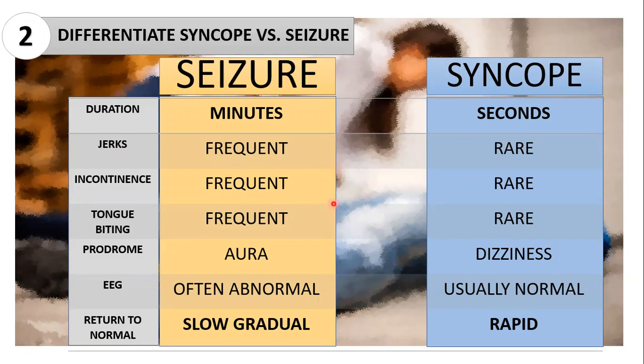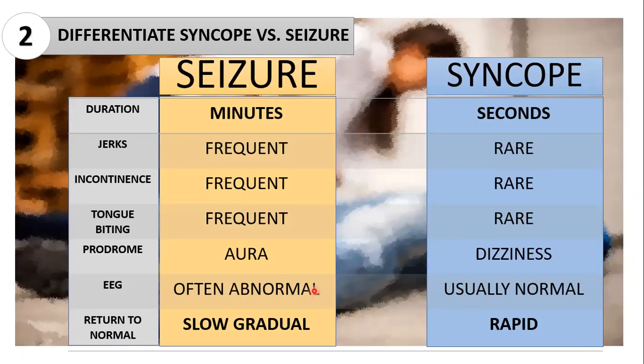Unlike syncope, these presentations are rare. Prodrome does not really help in differentiating the two because patients who had seizure or syncope may experience the same prodromes. Electroencephalogram is normal for syncope, while abnormal for seizures.